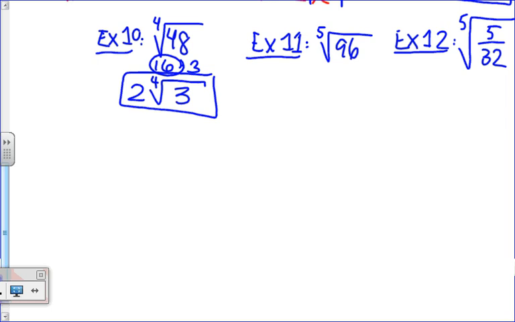Okay, number 11 is on your own. It's the fifth root of 96. Go. Fifth root of 96.